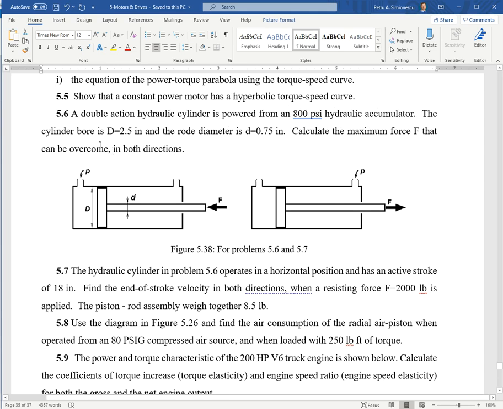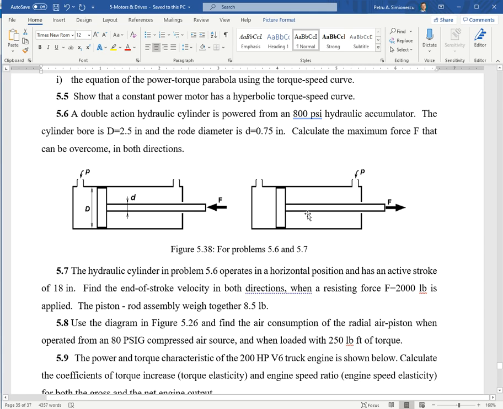We have the bore diameter, rod diameter. What's the force that can be overcome in both directions? Of course, it will be a larger force to the right, because I have the pressure applied on a larger surface. When I'm applying the force this way, I have to subtract the area of the rod.